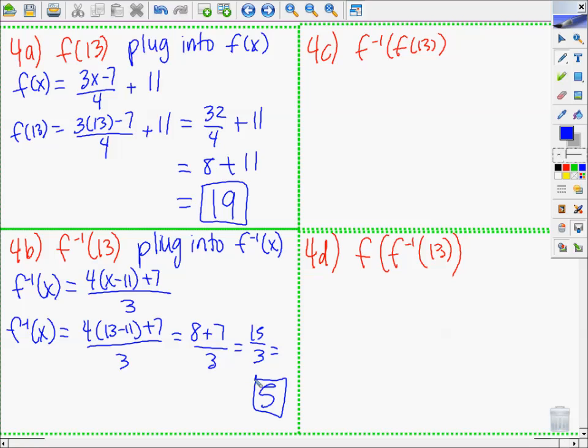Is there anyone who's uncomfortable with evaluating and you're paying attention and that's why you're uncomfortable? Evaluating is just plugging into. Good? Alright, so now we're going to compose.